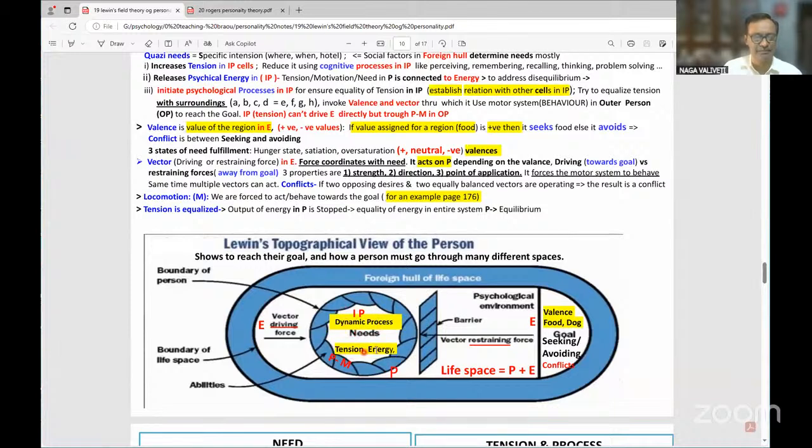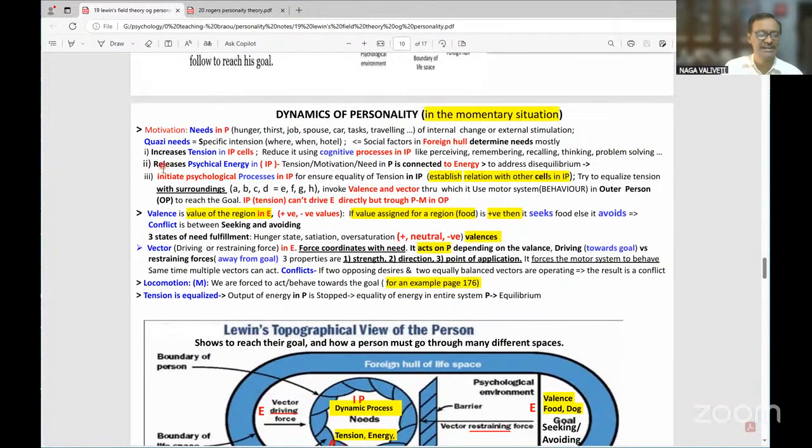See this diagram. It is a dynamic process. It is creating this tension in the cognitive processes like perceiving, remembering, recalling, thinking. Then it releases energy, right? Now the need in P is connected to the energy to address the equilibrium. Both are in the same inner person.